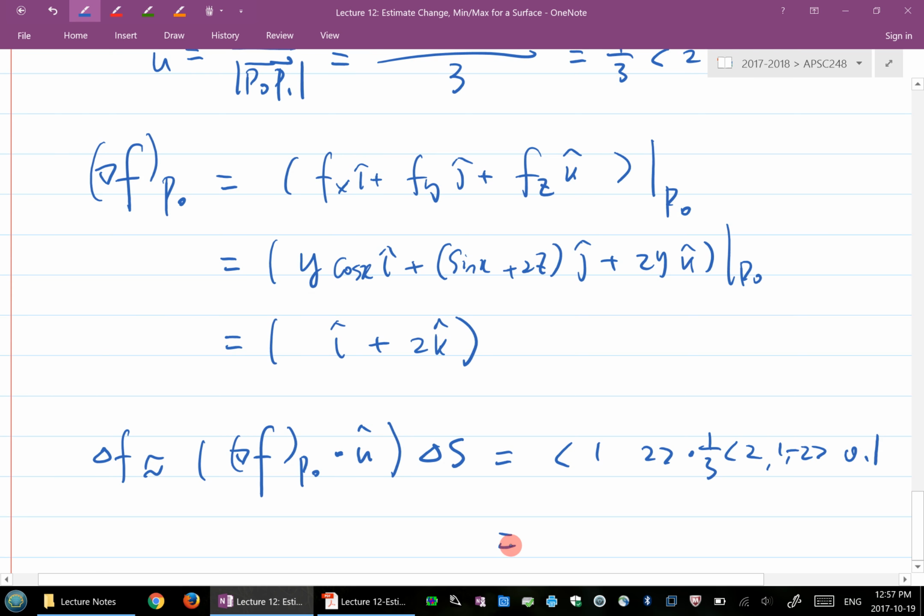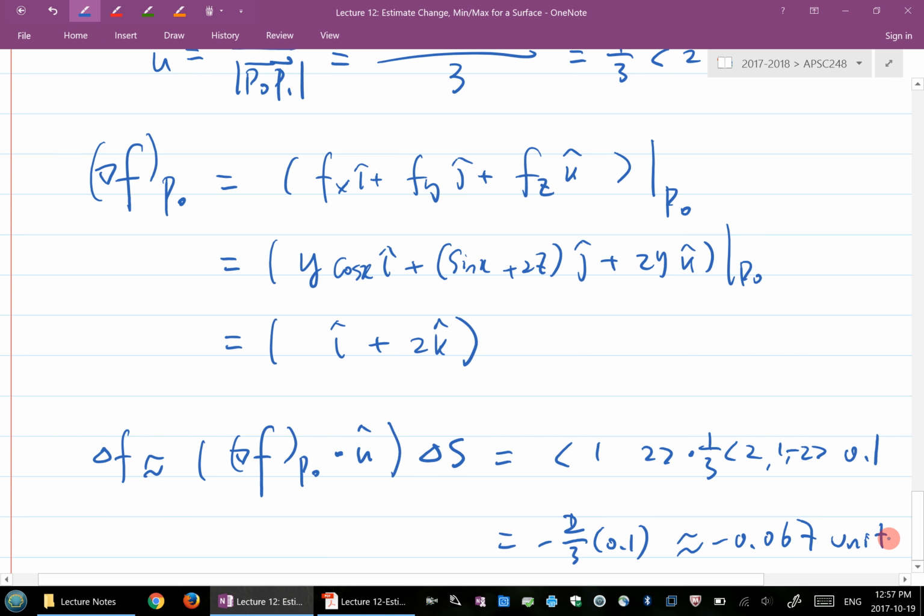So you do the calculation here. It's going to end up with -2/3 times 0.1, which is approximately -0.067 unit. So if you go that much displacement in that direction, then you end up with a small change in the function f by 0.067 unit.